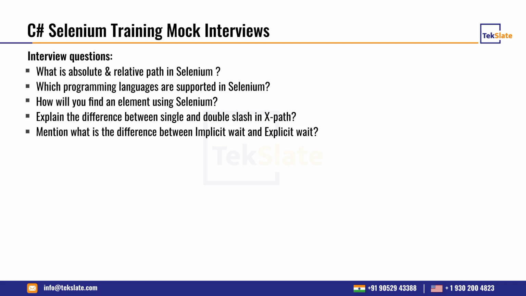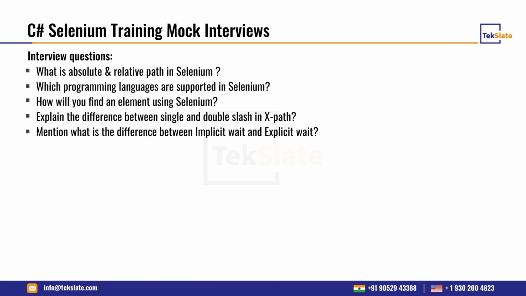Mention the difference between implicit wait and explicit wait. Sometimes in coding you need to wait, due to application issues, application slowness, or waiting for something else to load. All those things you need to wait for sometimes.